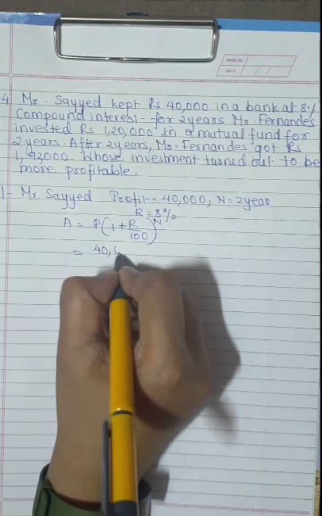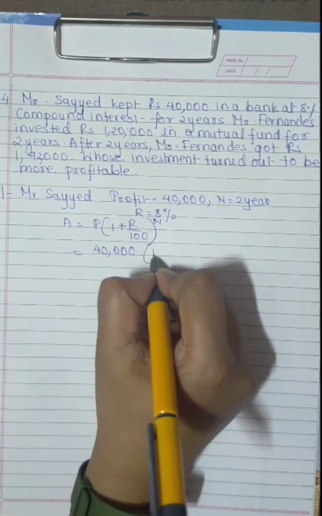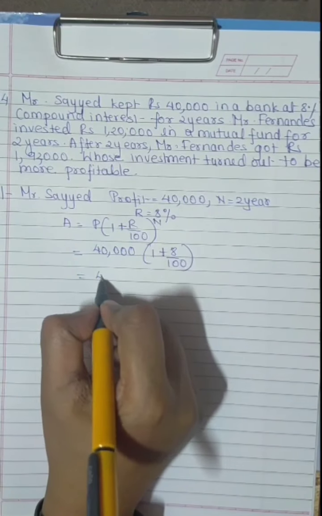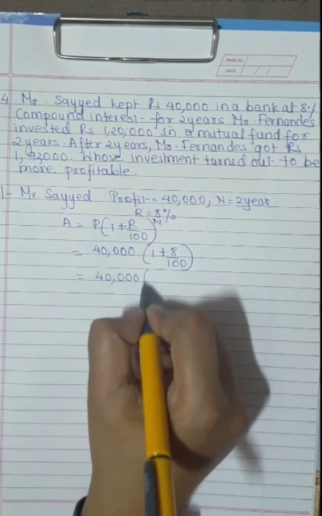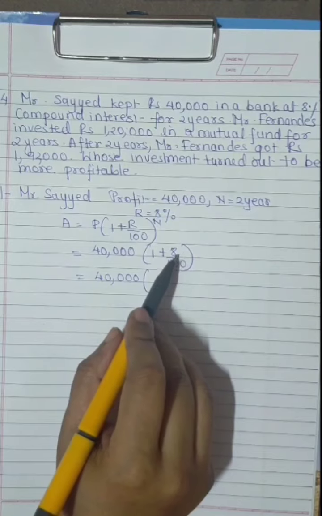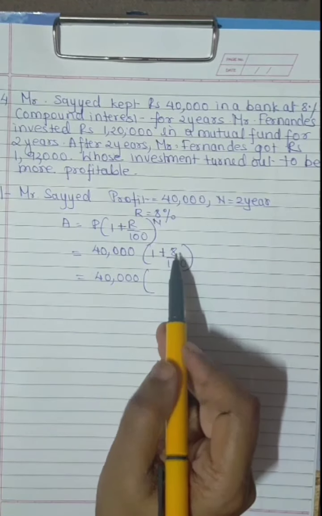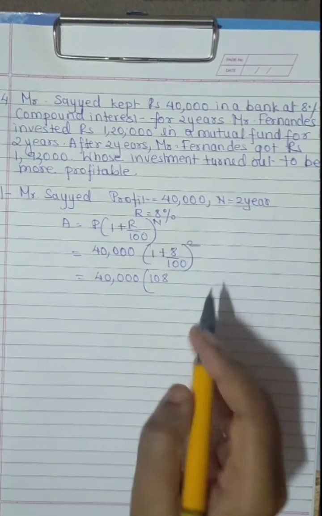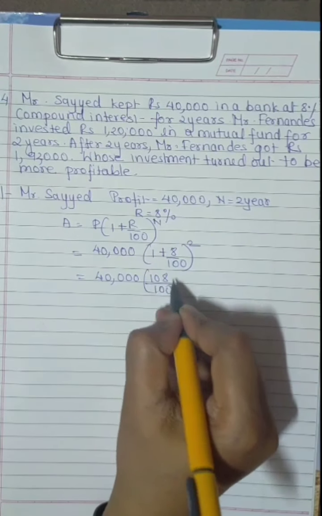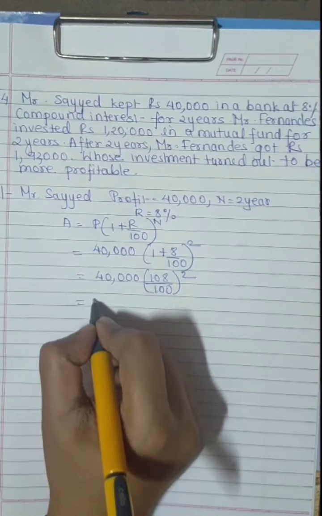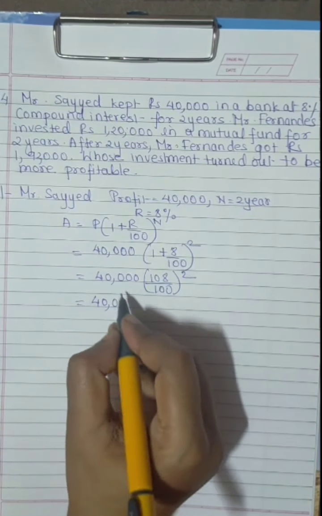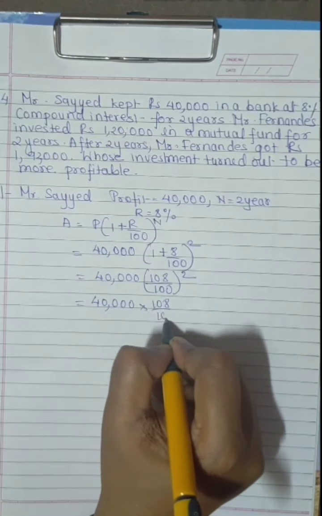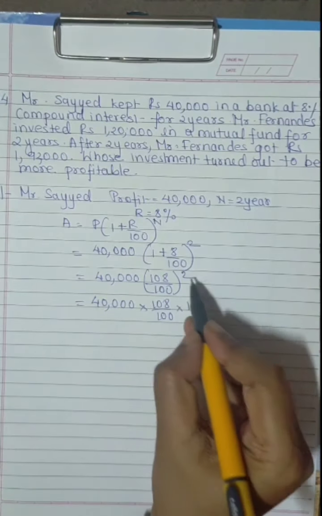Principal is 40,000, 1 plus 8 upon 100. Now here 40,000 as it is, we are going to write 1 multiplied by 100 and add 8 to get 108. Here raised to 2 will come upon 100 square. Now in the next step we write 40,000 as it is, multiplied by 108 upon 100, written 2 times because it is squared.